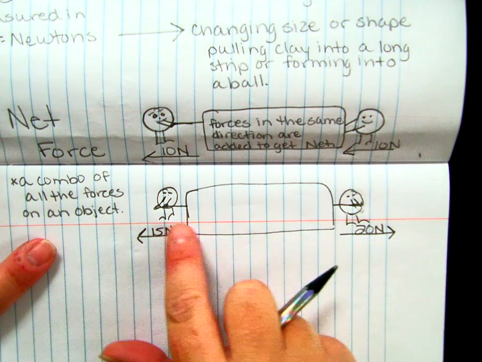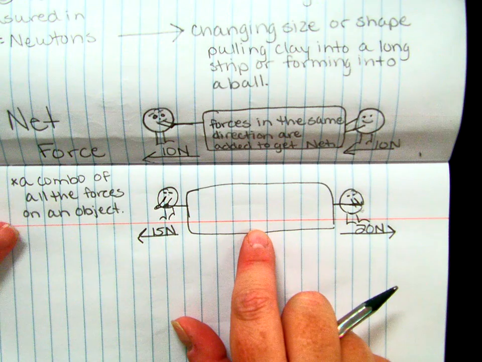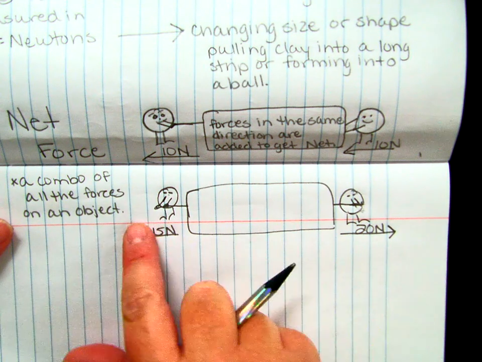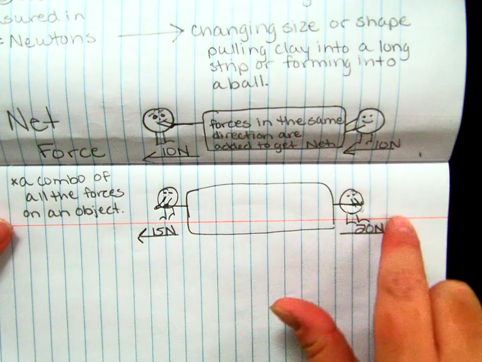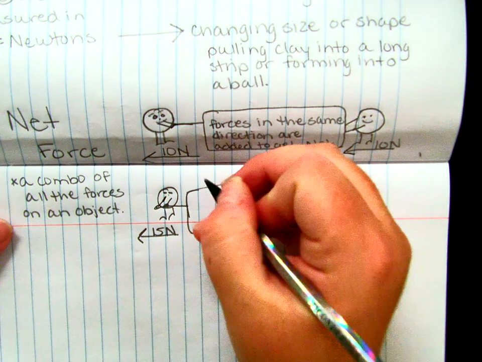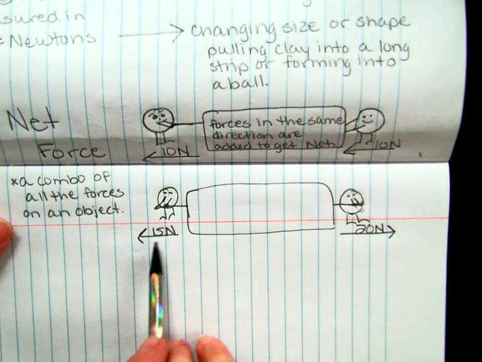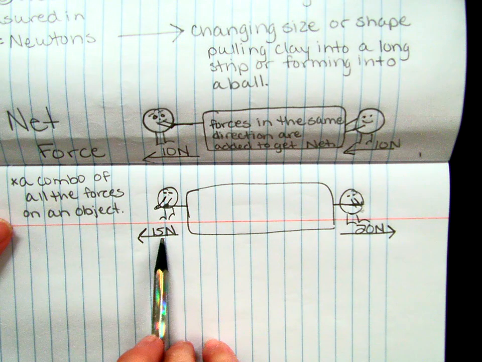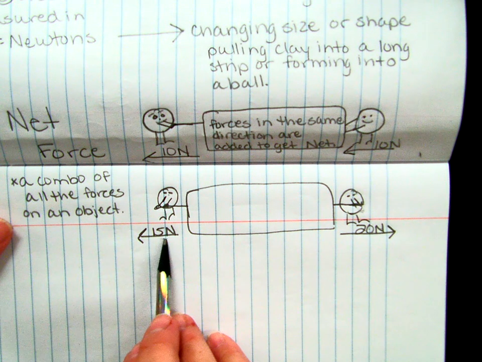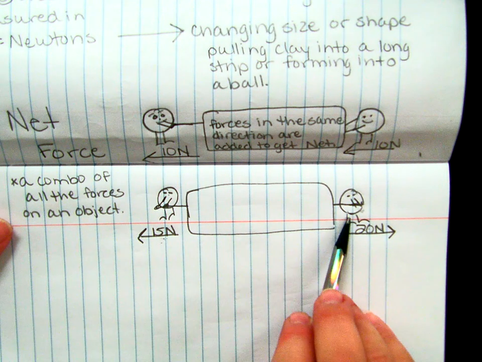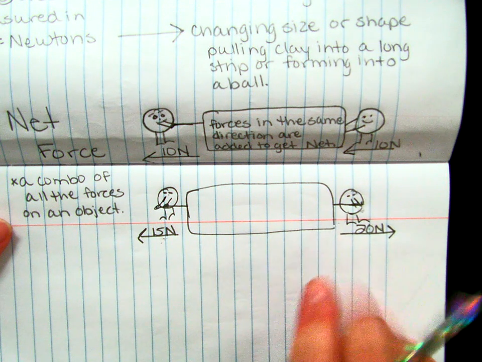And in this case, our forces are opposite, and when they're opposite, we're going to subtract them from each other. So this guy with 20 newtons of force is working against this guy with 15 newtons of force. So if you do 20 minus 15, well, this guy's going to win, and his net force is going to be 5 newtons. So this box is actually going to move in this direction.